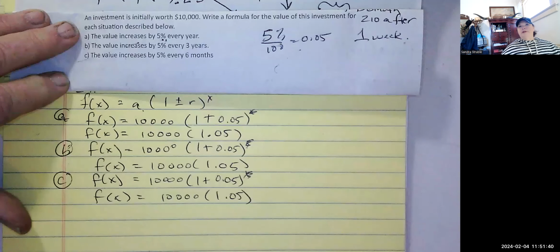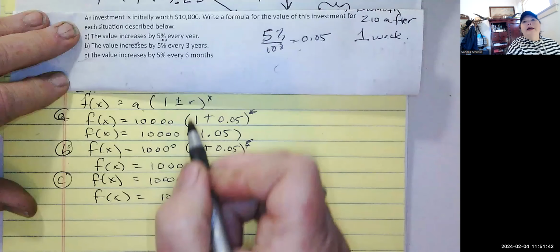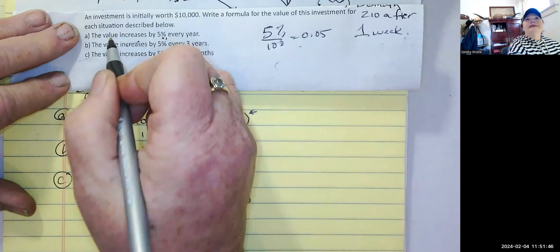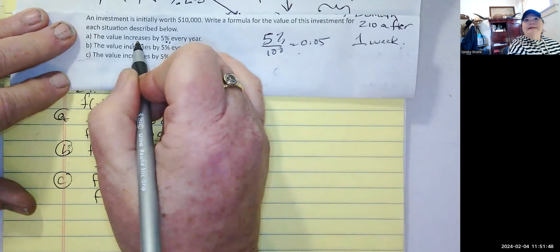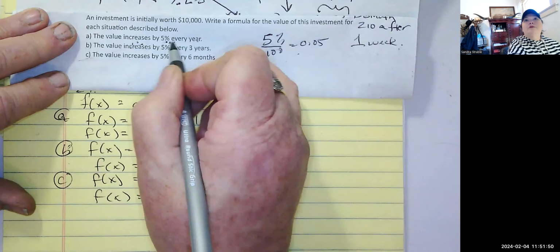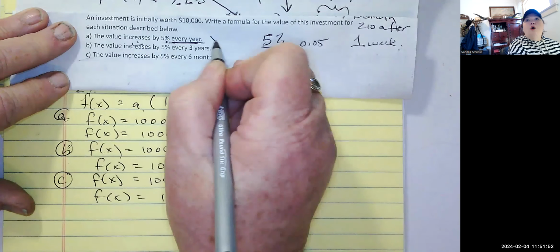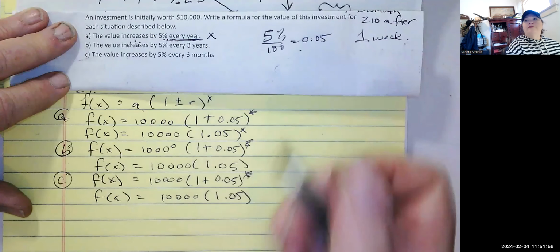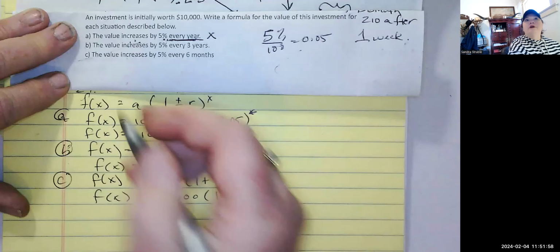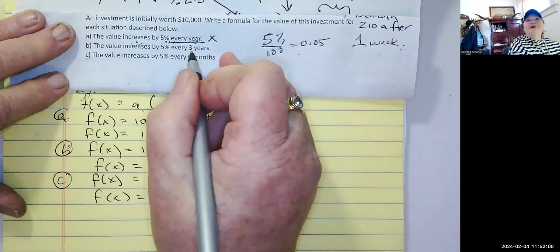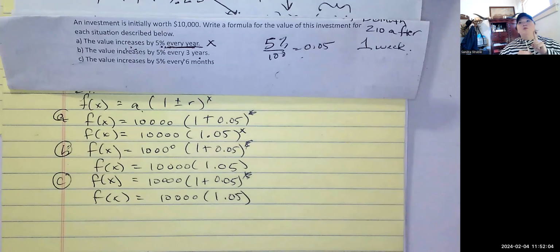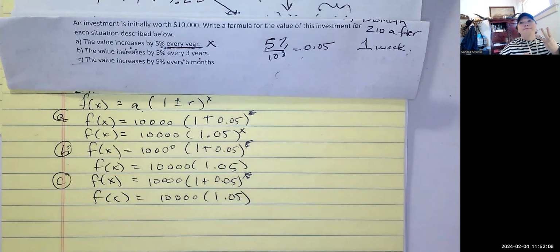Now let's talk exponents. If I were to just put an x up here, that means that the value increases every year. Every year is always going to be your variable x, or whatever they're using, t for time or whatever. The value increases every 3 years. That's not based on 1 year. That's based on 3.